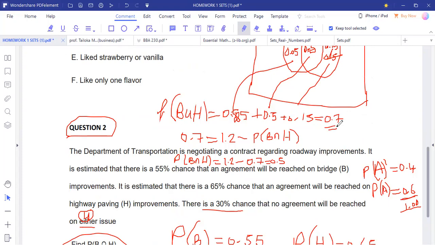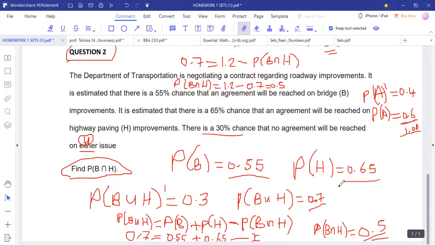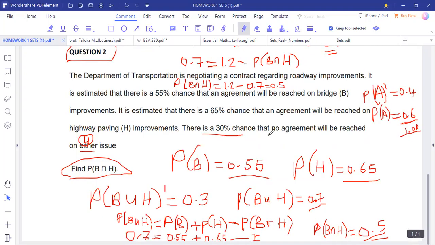It's clear, sir. So the union is collecting what is in B and H, everything: the 0.05, the 0.5 and the 0.15, so 0.7. What is not found in B and H is the 0.3, which you put here. The 30% is the one that was given in the question.